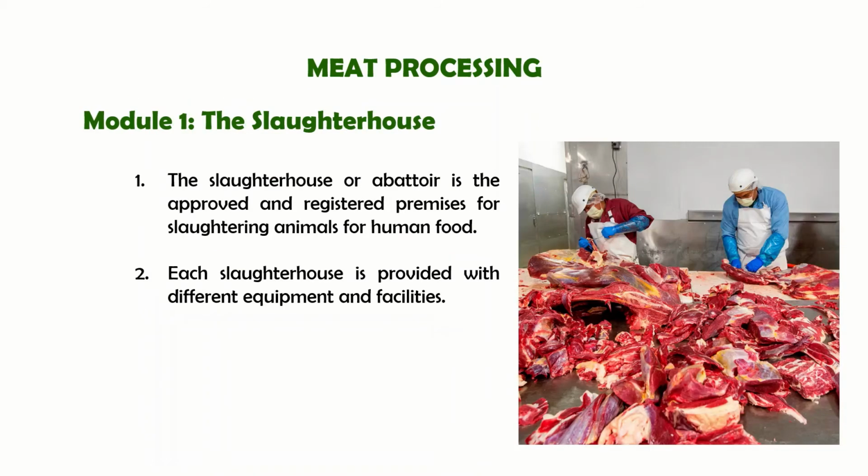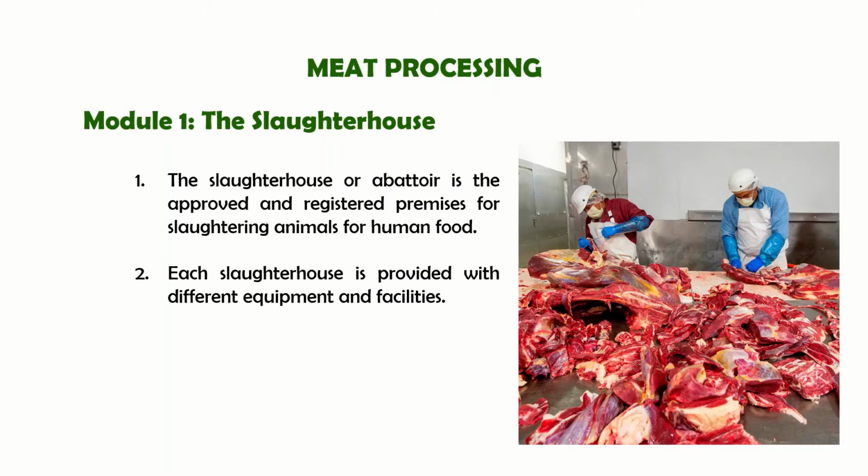Okay, so let's discuss your module. The first one is the slaughterhouse. Module 1 is the slaughterhouse. The slaughterhouse, also known as abattoir, is the approved and registered premises for slaughtering animals for human food. Each slaughterhouse is provided with different equipment and facilities.